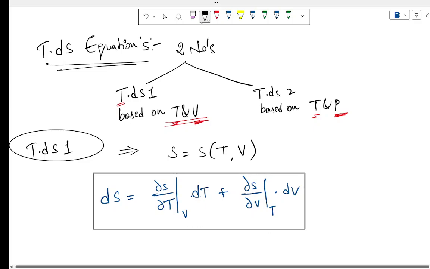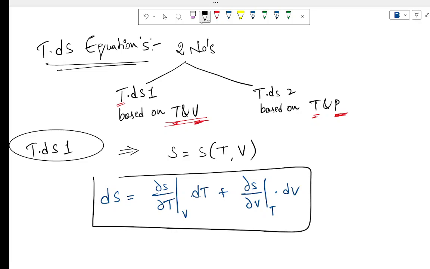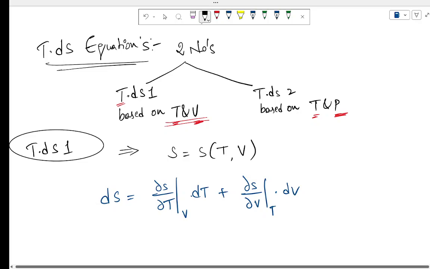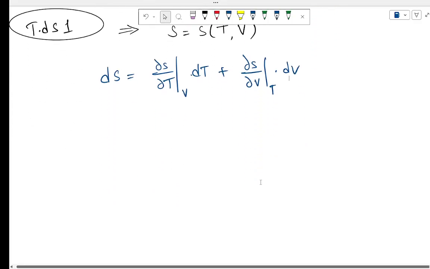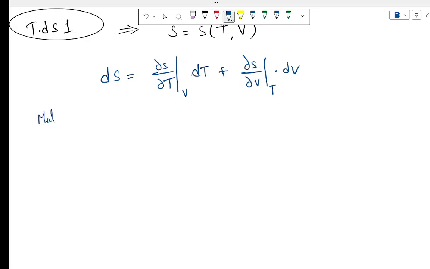So this expression that you have written here is actually based on the principles of partial differential equations. Now I will transform it into TdS equations by multiplying with T on both sides.